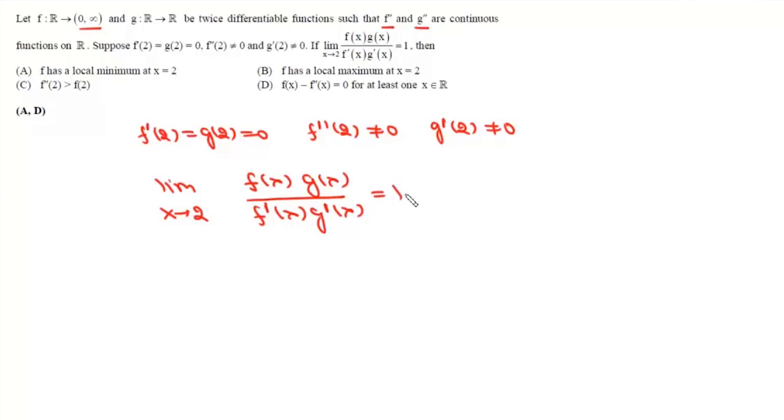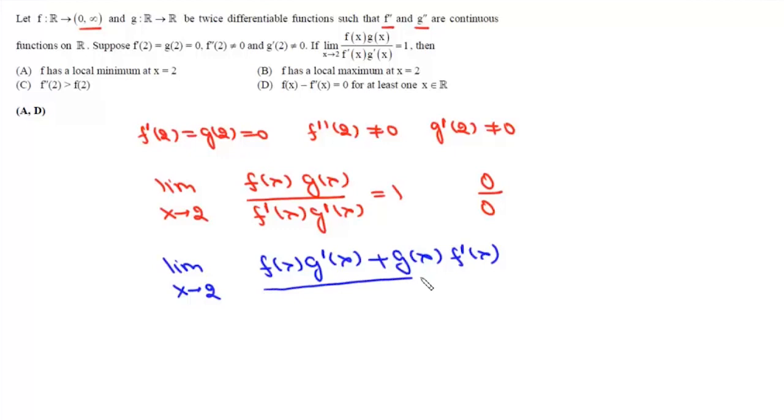Now first we'll check this form. Now it is f(2) into g(2), and g(2) is 0 and f dash 2 is 0, so it is 0 upon 0 form, and when it is 0 upon 0 form, we'll use L'Hopital's rule. So we'll write limit x tends to 2 of f(x) into g dash x plus g(x) into f dash x upon f dash x into g double dash x plus g dash x into f double dash x, and it is equal to 1.